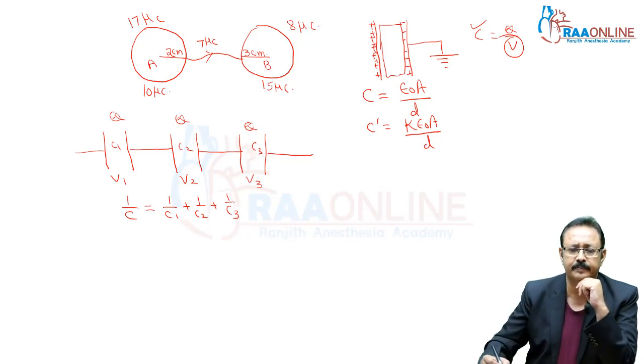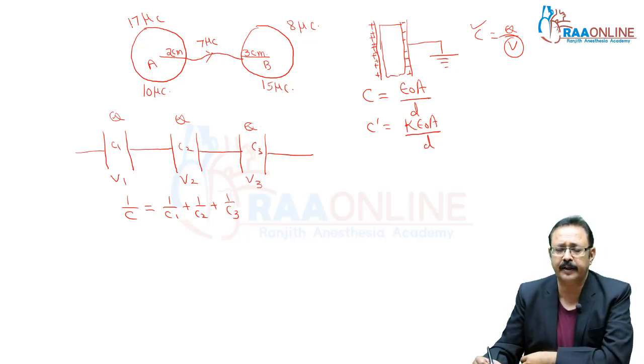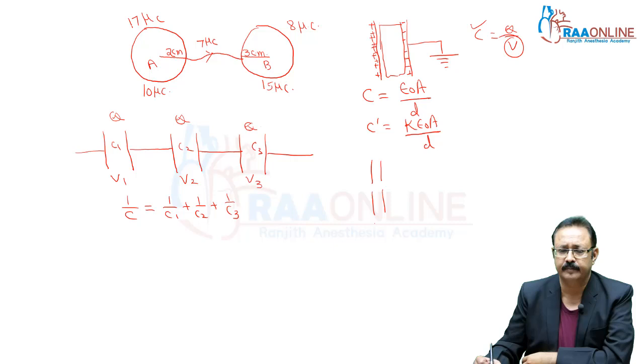Getting my point? But if you are connecting like this, this is known as parallel combination. Since one plate of each capacitor is connected at one point, second at one point, so potential difference, what is total? It will be the same for each.